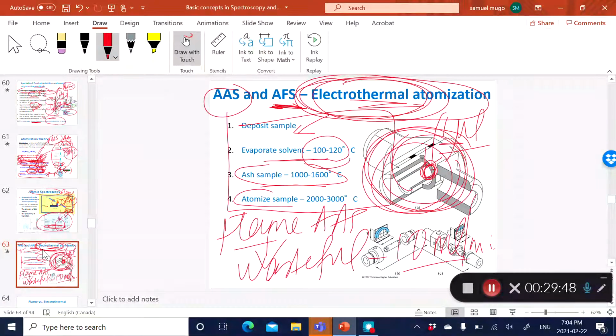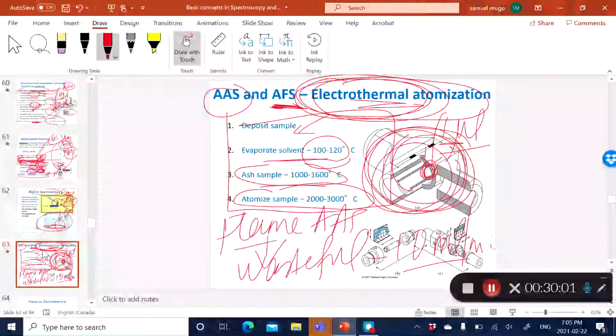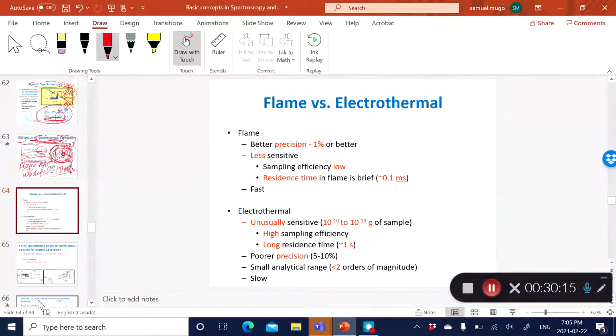And then after that, you can now atomize your sample by ramping up the temperature to 3000 degrees centigrade. So you can see, with this system, you are actually able to remove some of the matrices that can be present in the sample. So it's obviously a better technique, because you can improve the limits of detection by removing the different types of matrices that are present.